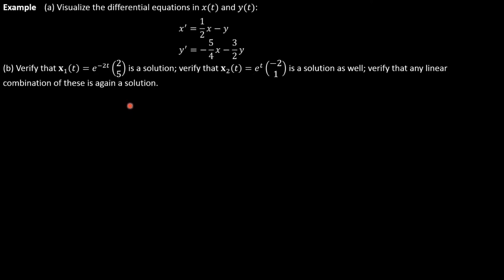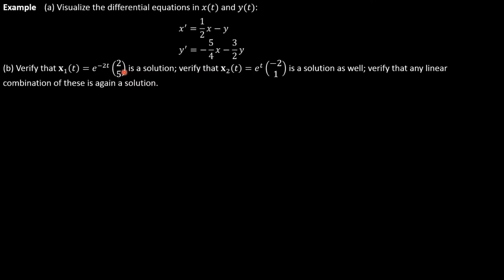It turns out that I found 2 solutions to these equations for you. By the way, what do I mean when I say these are solutions? This is a vector. I'm going to start writing vectors in column notation. So this is the vector 2, 5. And when you scale by e to the minus 2t, so this is the vector 2e to the minus 2t, comma, 5e to the minus 2t.